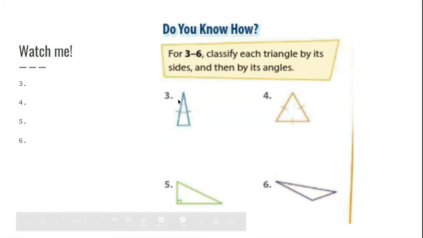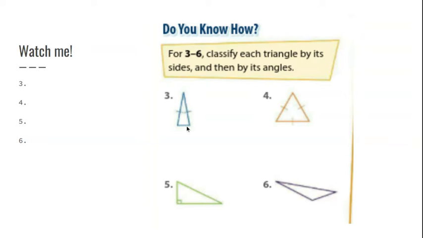Let's take a look at number 3. It looks like either a right triangle, an obtuse triangle, or an acute triangle. When I look at this triangle, it looks like it has acute angles.